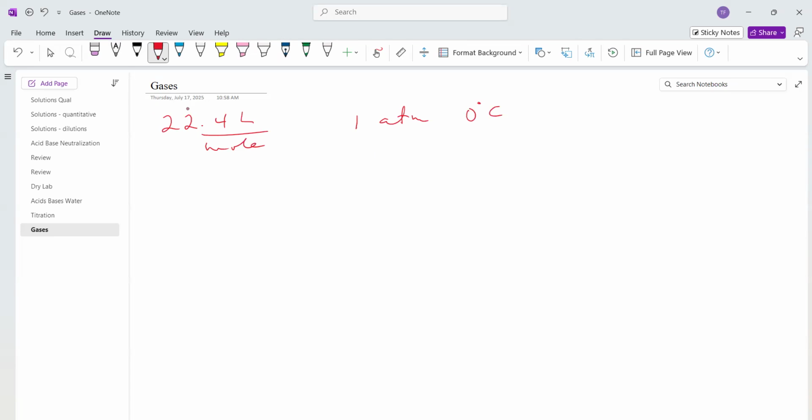This would be STP, and that can be in different units too. It can be in joules, for example, and if we're talking about pressure, different units.